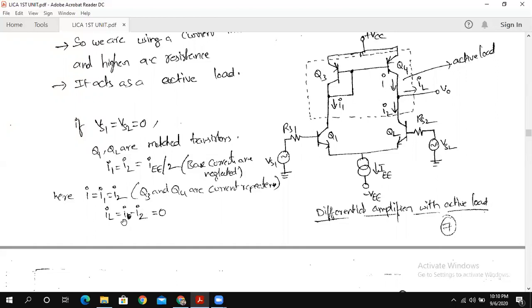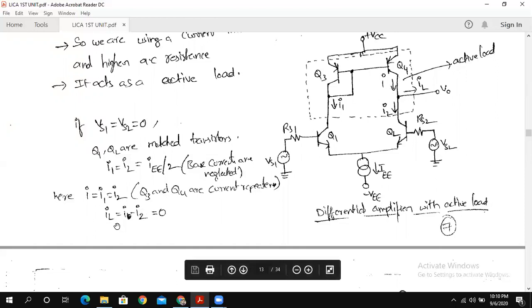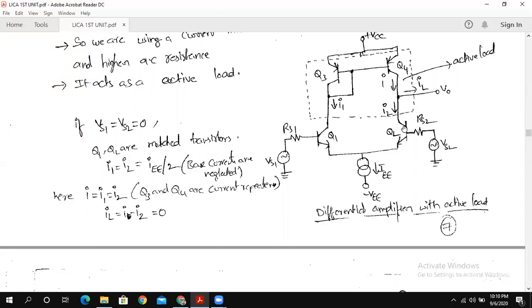So from this equation we can write IL is equal to I minus I2. Here the output current we are going to take from the collector terminal of this Q2 transistor and the collector terminal of this Q4 transistor, where these two meet. This current is going to flow in this direction.